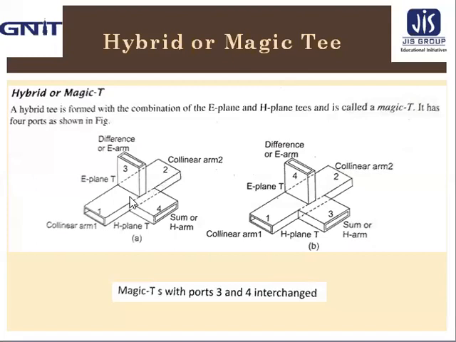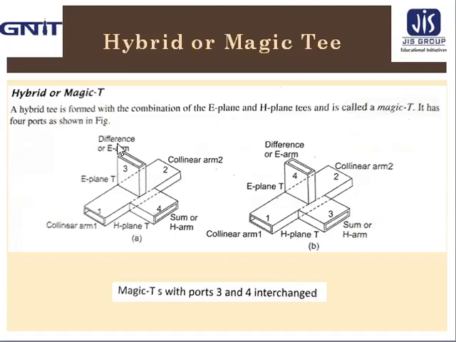If two waves of equal magnitude and equal phase are fed into ports 1 and 2, here we are considering figure A, the output at port 3 is subtractive and becomes 0, and the total output will appear additively at port 4.